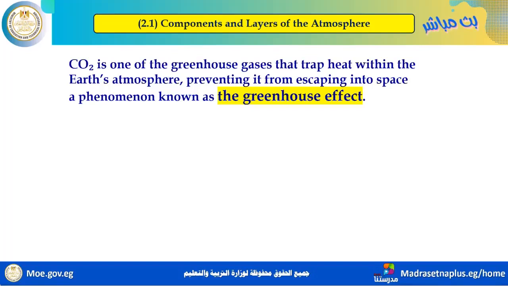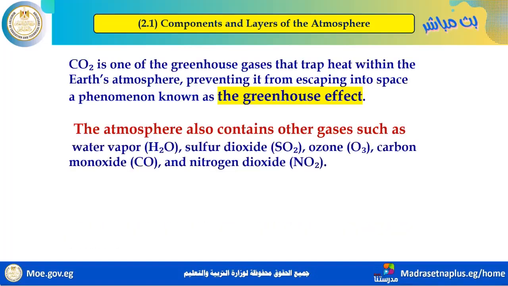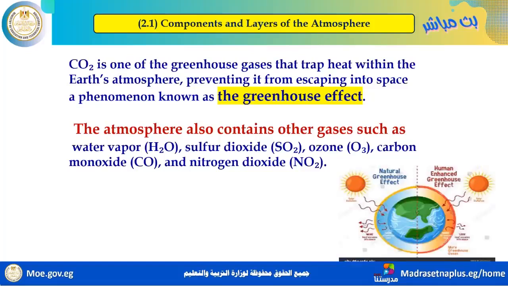The atmosphere also contains other gases such as water vapor, sulfur dioxide, ozone, O3, carbon monoxide, CO, and nitrogen dioxide, NO2. This is a photo for a natural greenhouse effect, which is normal, but when its percent increases, it raises the Earth's temperature on the other side.